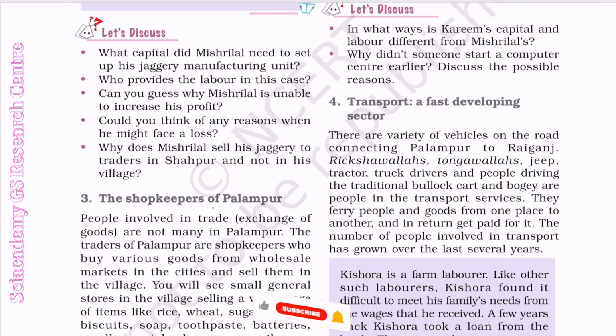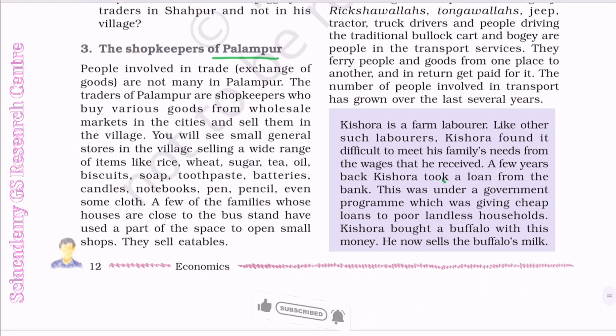3. The shopkeepers of Palampur. People involved in trade, that is, exchange of goods, are not many in Palampur. The traders of Palampur are shopkeepers who buy various goods from wholesale markets in the cities and sell them in the village.